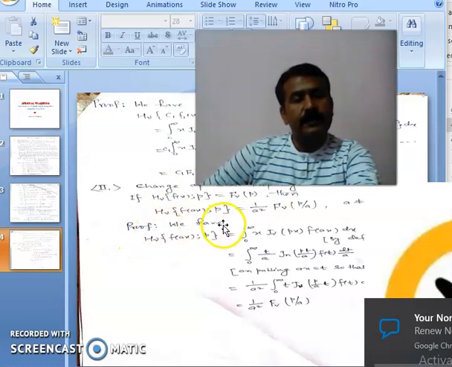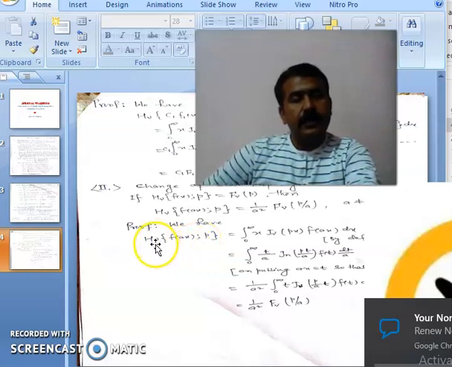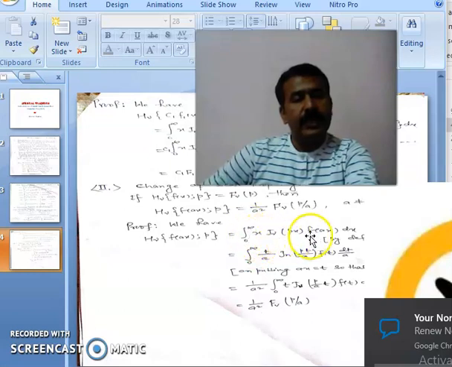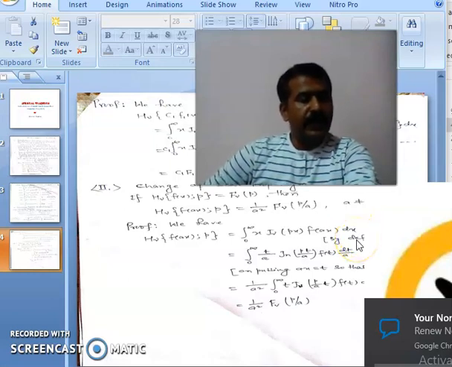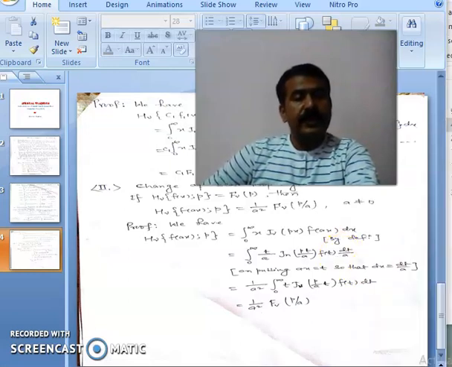Here is the proof. We consider the left hand side Hv of f(ax) such that p. From the definition, it is the integral from 0 to infinity of x Jv(px), and here in place of f(x) we put f(ax), dx. Now putting ax equal to t, so that dx equals dt divided by a.